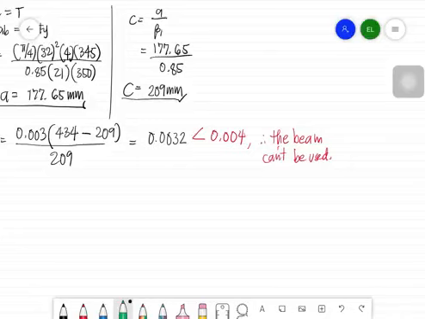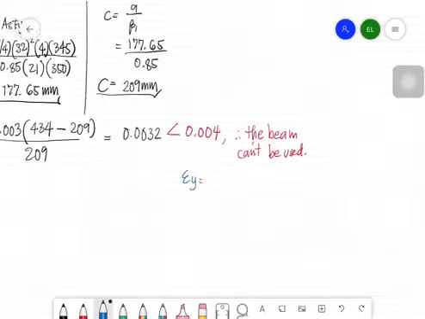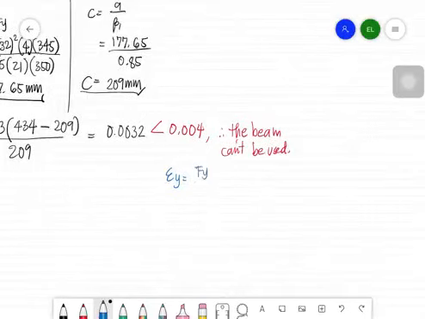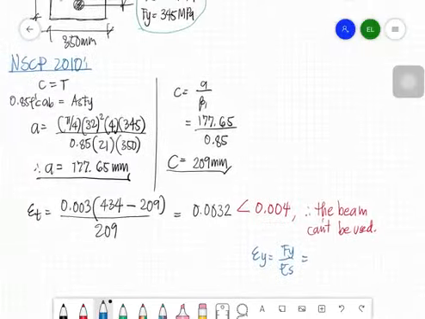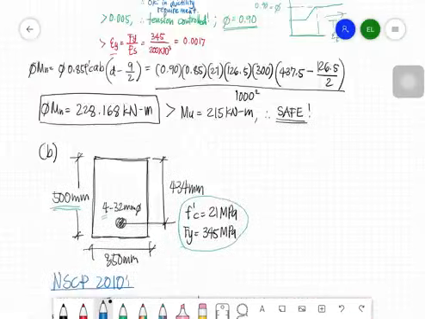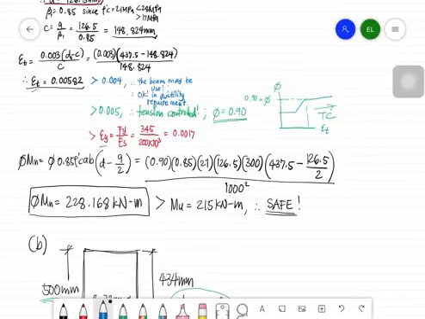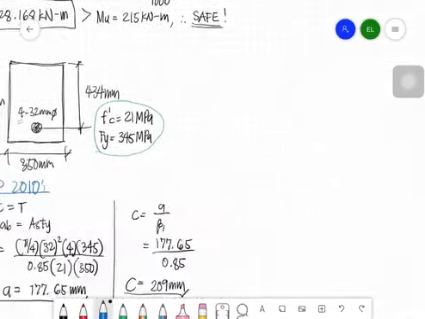Now let me solve strain Y. Again, that is Fy over Es. I think we have resolved strain Y already, since they have the same property. So this is strain Y, 0.0017.